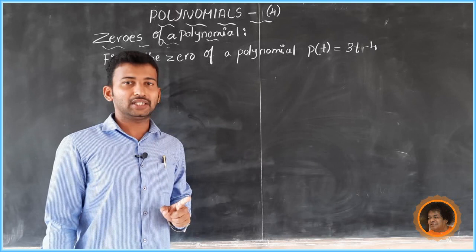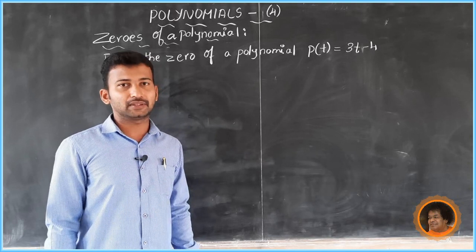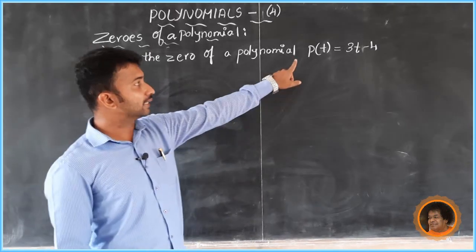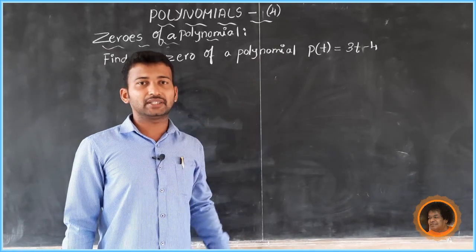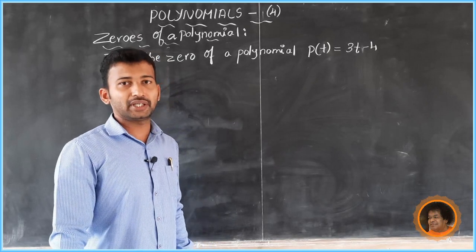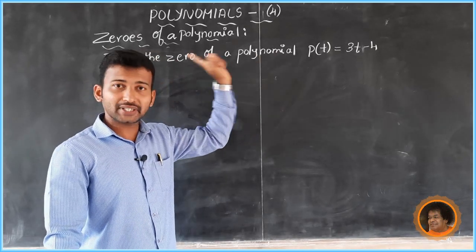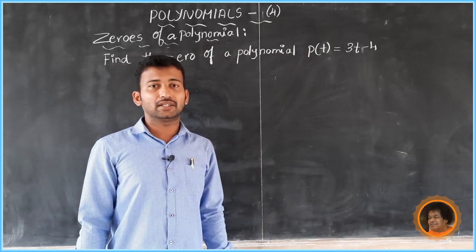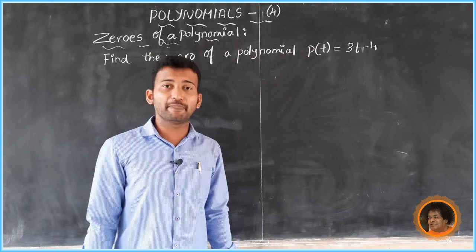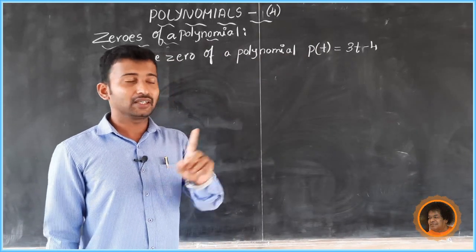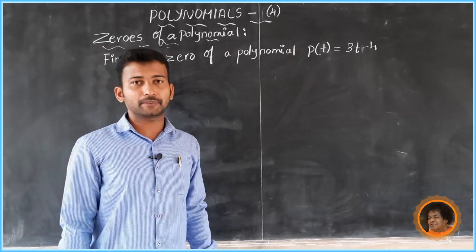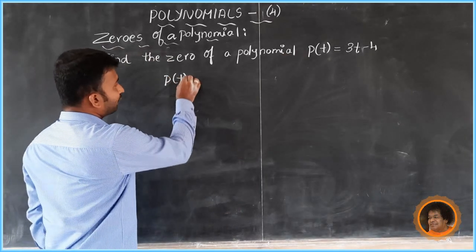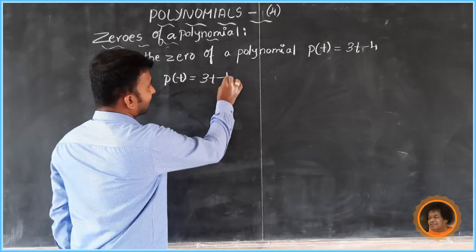One method is the trial and error method. But the trial and error method is time consuming and it will take a lot of time to reach the correct answer. So we need a better method to find the zero of this polynomial. The polynomial p of t is equal to 3t minus 4.